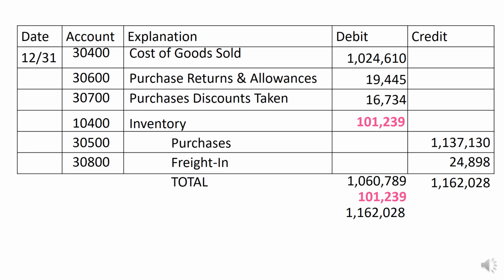This indicates that our inventory increased in the sum of $101,239 during the preceding period. That's the last of the adjusting entries.